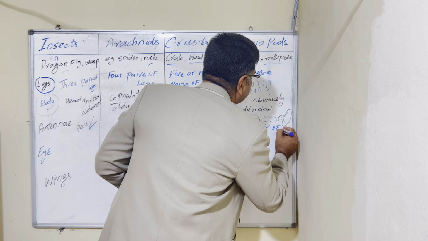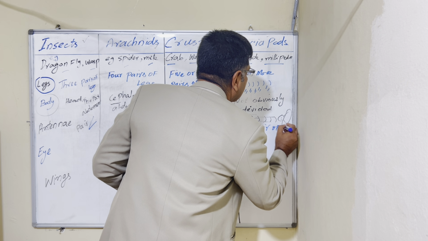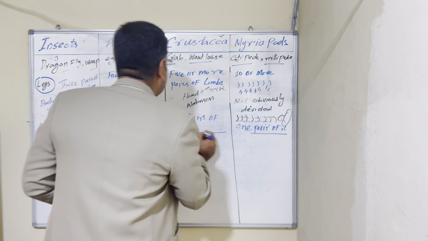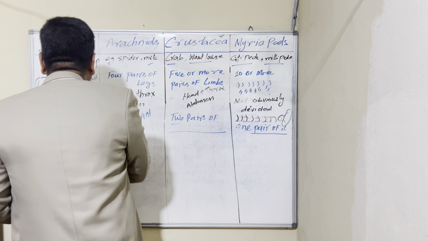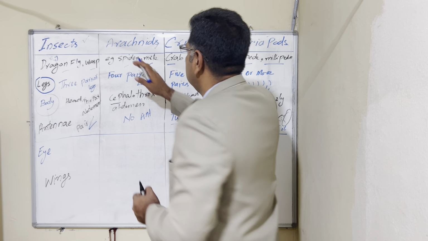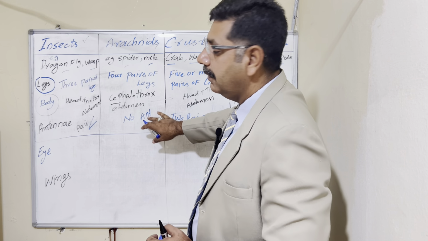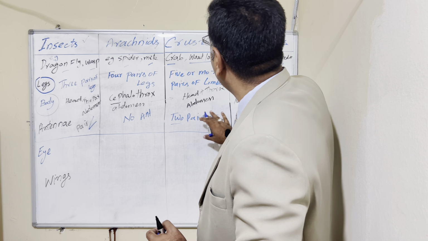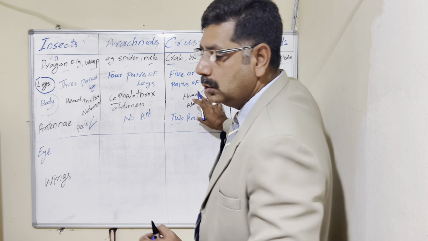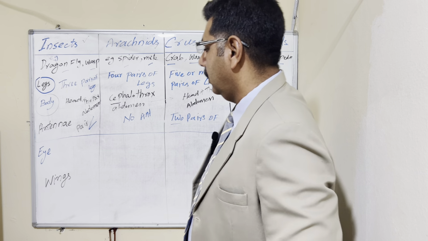Only one pair there. In arachnids we don't have any antennae.